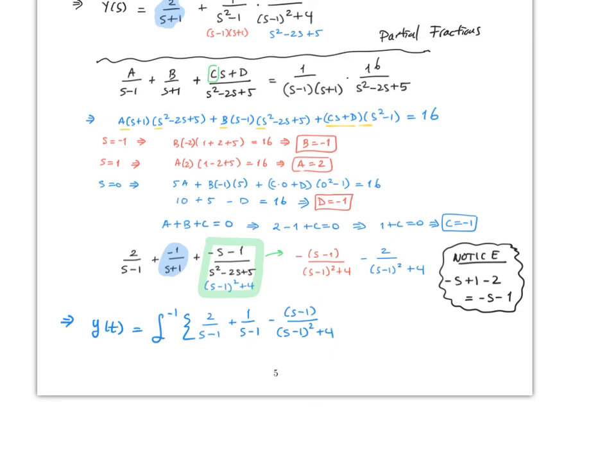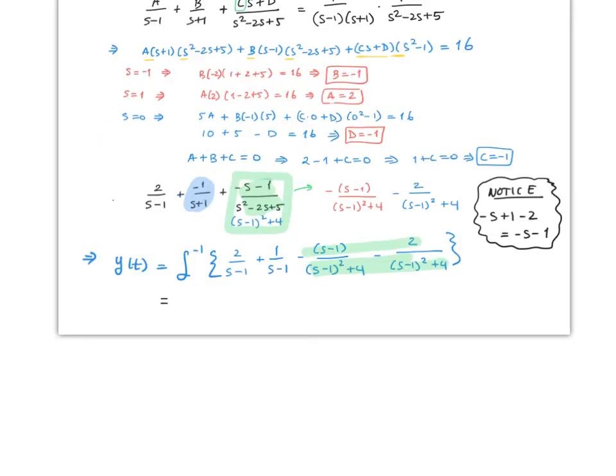So this will be minus 2 over s minus 1 squared plus 4. Remember, this green part is now broken into these two pieces.